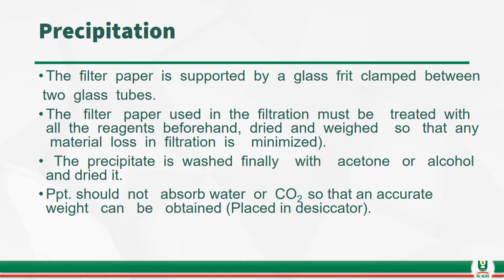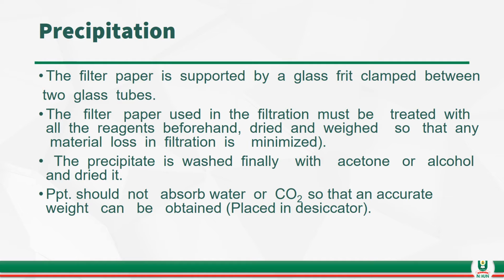The filter paper is supported by a glass frit clamped between two glass tubes. The filter paper used in the filtration must be treated with all the reagents beforehand, dried and weighed so that any material loss in filtration is minimized.